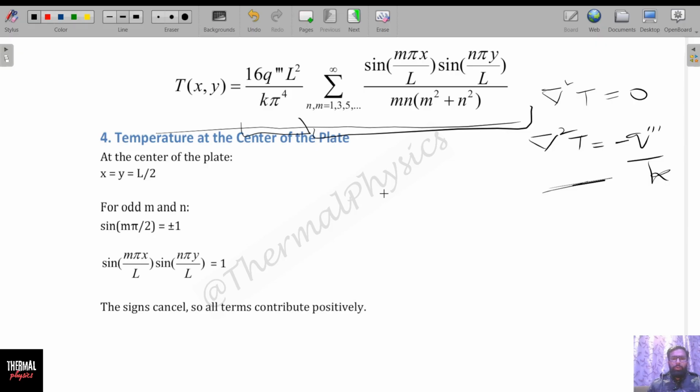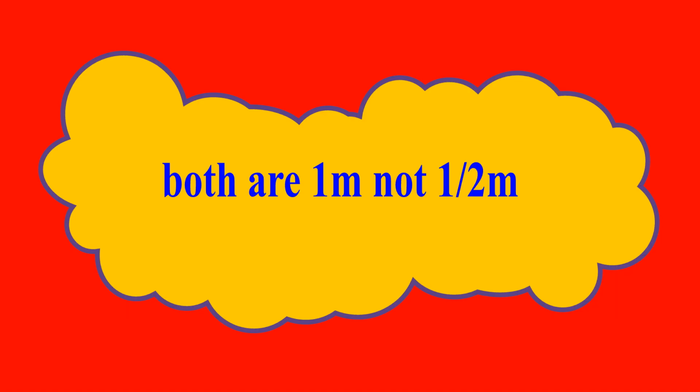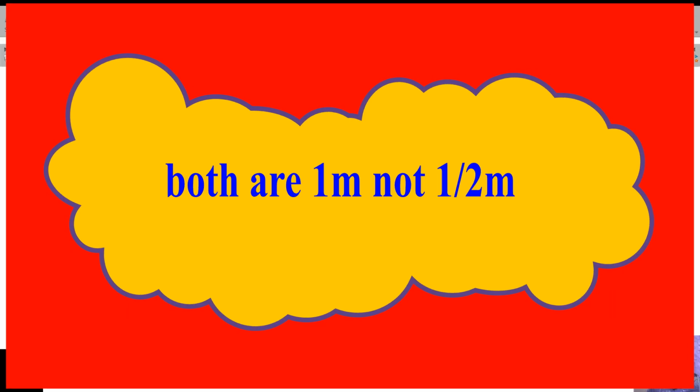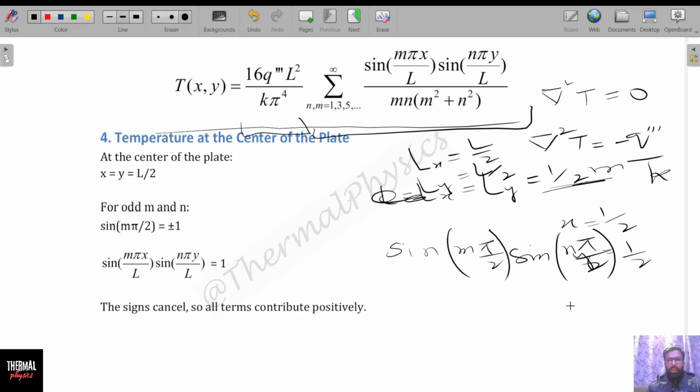We put L equal to 1 divided by 2, where L is basically Lx and Ly, both 1. x is the location, which is 1 by 2 here as well, and the y coordinate is 1 by 2. What we get here is sine of m pi by 2, and sine of n pi divided by 2.